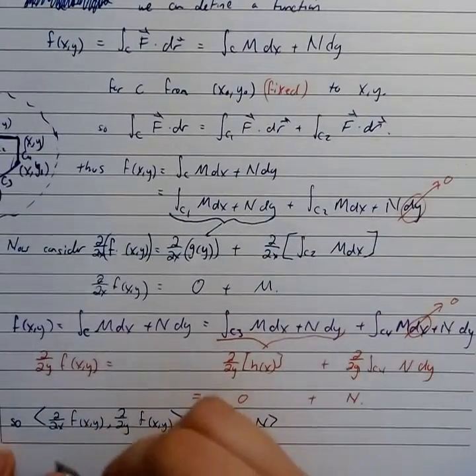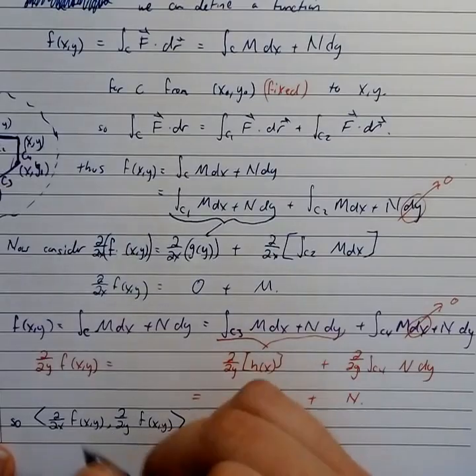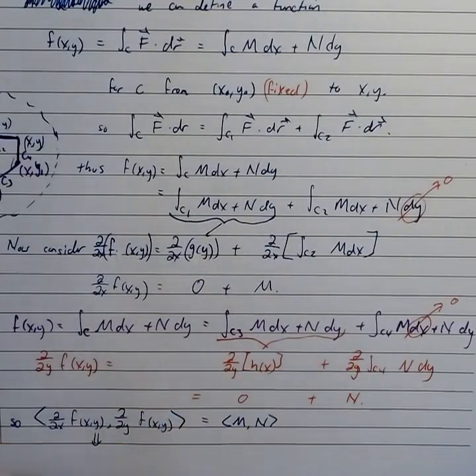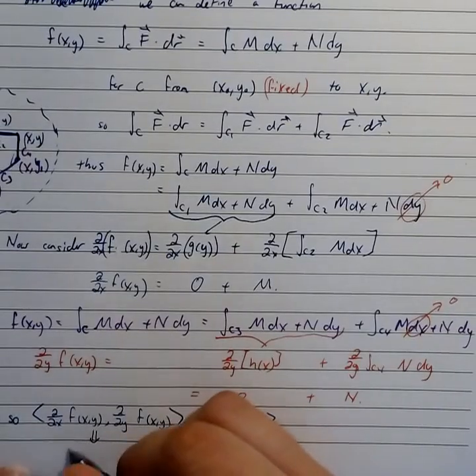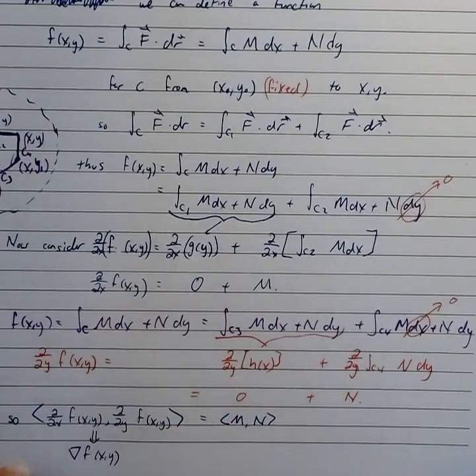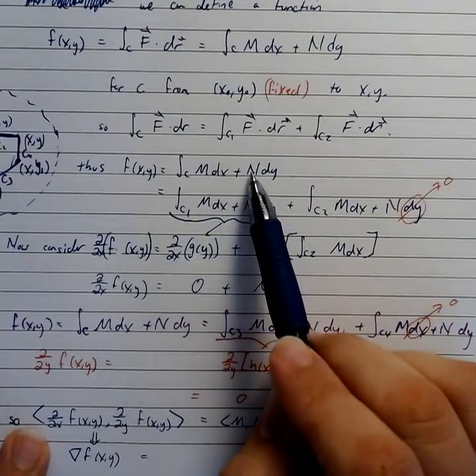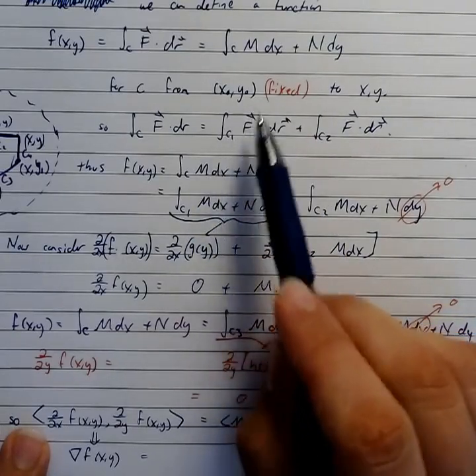Or in other words, look, this is the partial with respect to x of a function, comma, the partial with respect to y of a function. That's called the gradient. If you think back to chapter 13, that's the definition of the gradient of f. Okay, so we have the gradient of f is equal to, well, m comma n, that's how we were writing our vector field.